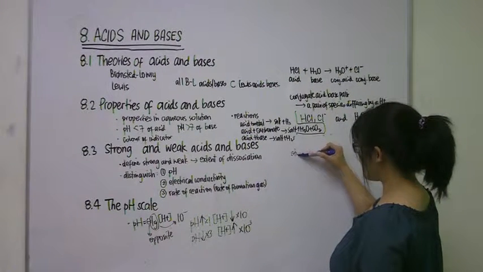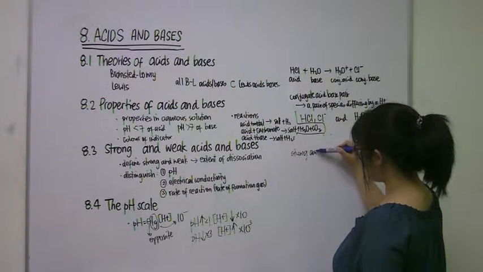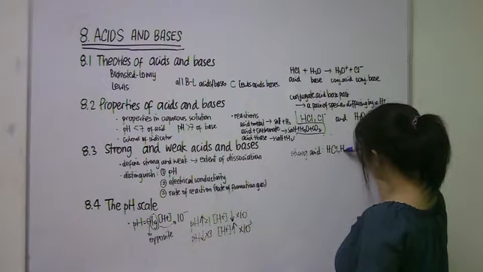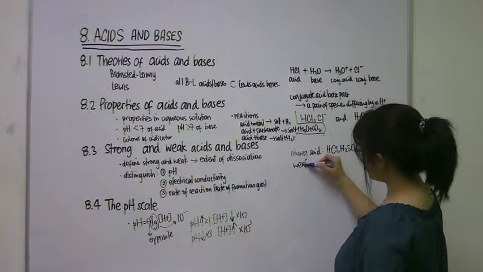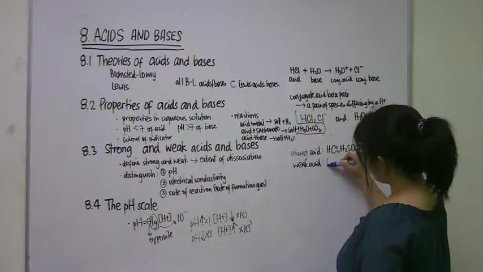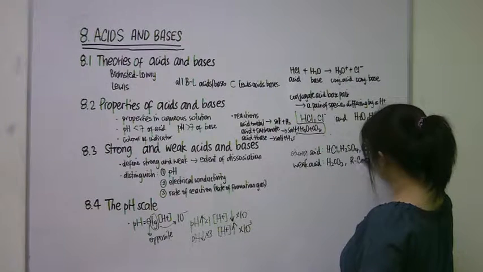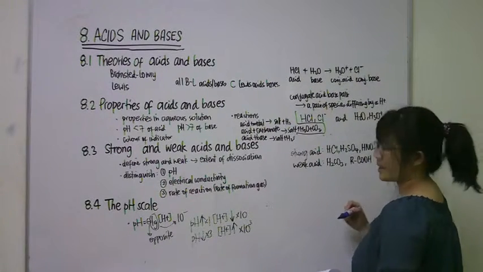Generally, for strong acid, there are 3 that they should already know: HCl, H2SO4, and HNO3. Then for weak acid, carbonic acid. Then they need to know that anything with COOH will be a weak acid.